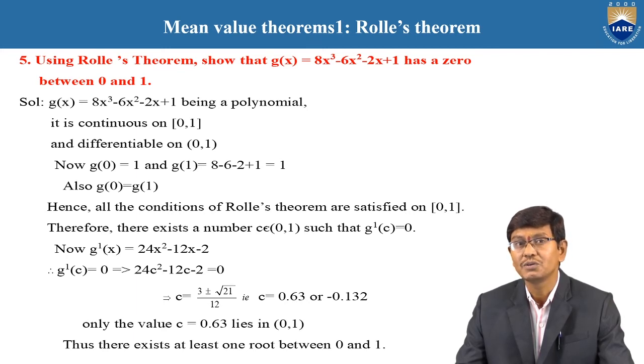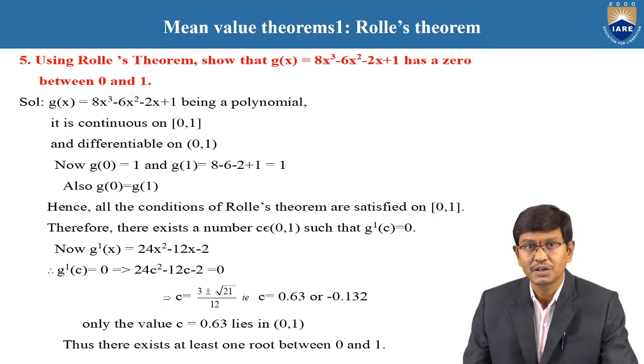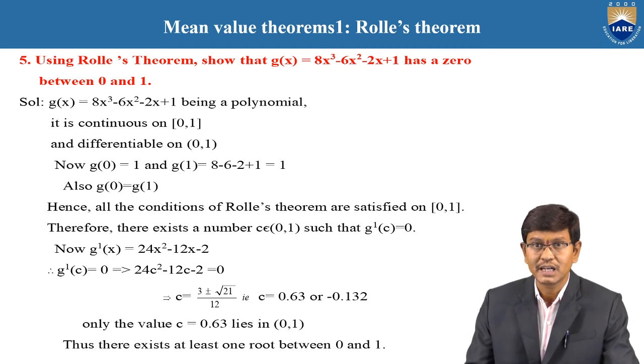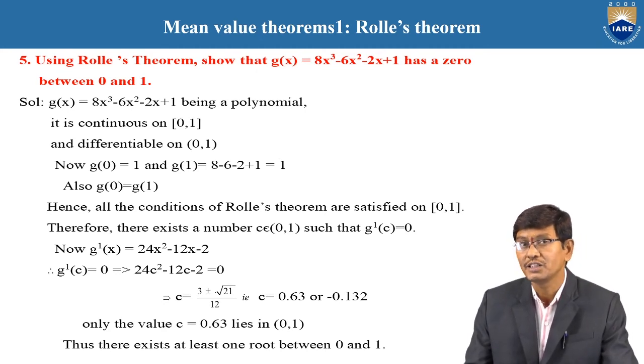Now we need to check whether c lies in between a and b or not. According to the condition of Rolle's theorem, we need to find g dash of c. Before doing that, g dash of x, by applying the derivative to the given function, is 24x square, minus 12x, minus 2 as the third term, because the derivative of the last term with respect to x is 0. Therefore, g dash of x is equal to 24x square minus 12x minus 2.